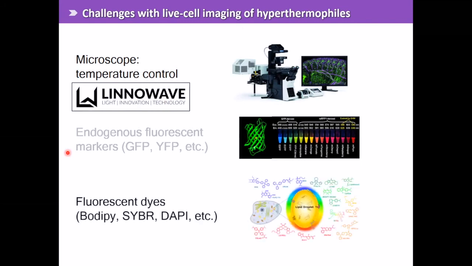Also, a similar thing with the fluorescent dyes, which are commonly used. They are either not thermostable, they don't fluoresce at high temperatures, or they are cytotoxic. So again, we really have very few possibilities for getting any kind of fluorescent labeling for the live cell imaging.